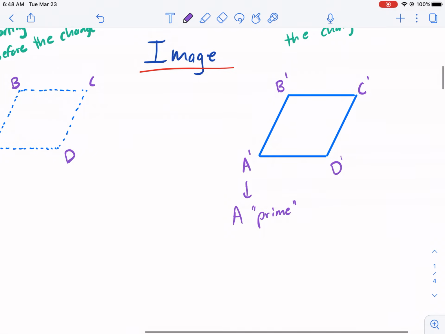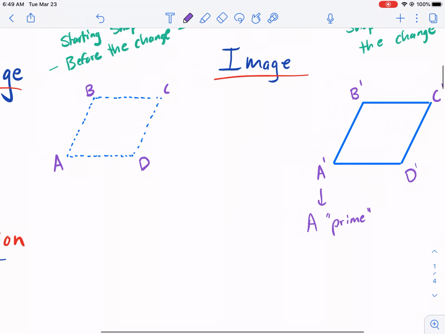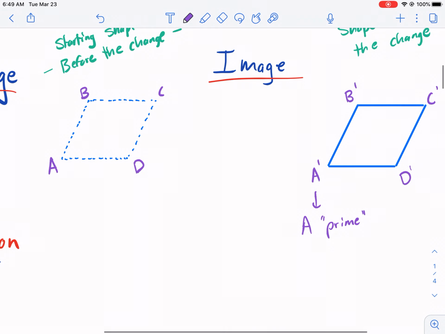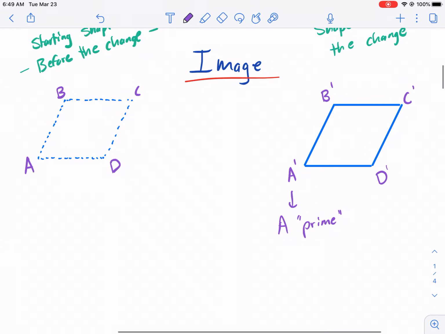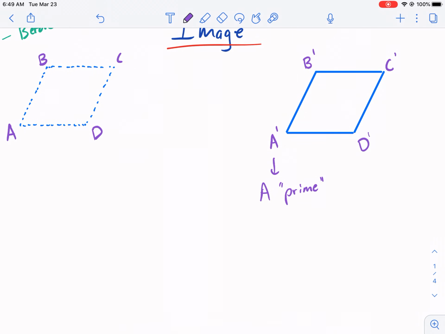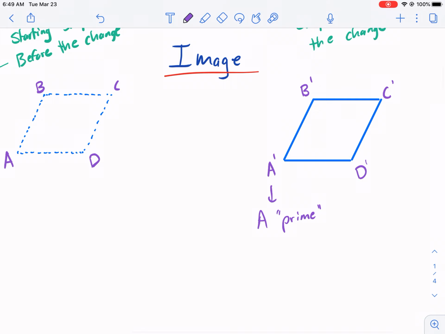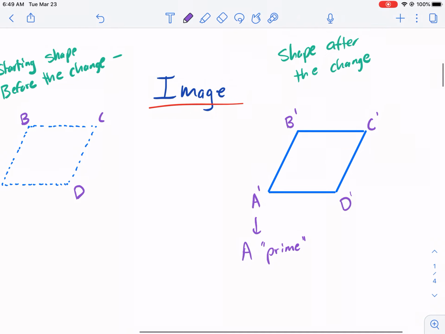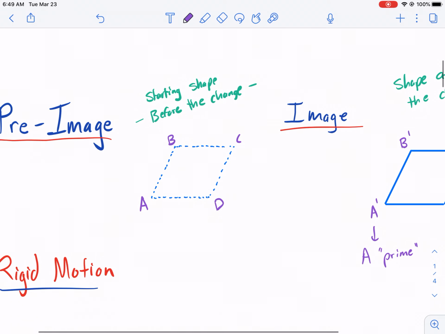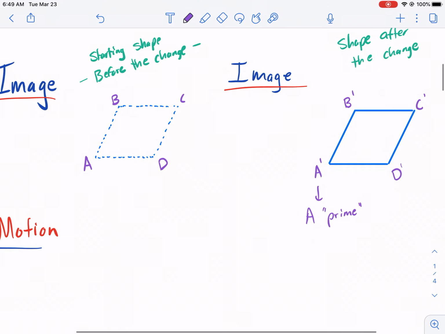This just means it has undergone a change, and it's the same shape, but it's just been moved. It has been transformed in some capacity, so it's a little bit different. It's changed in some way. So pre-image is before the change, image is after the change.